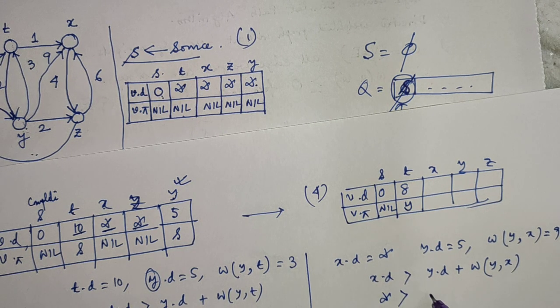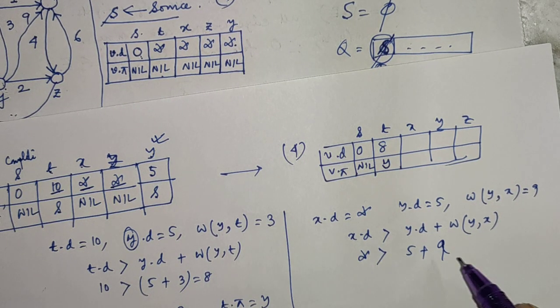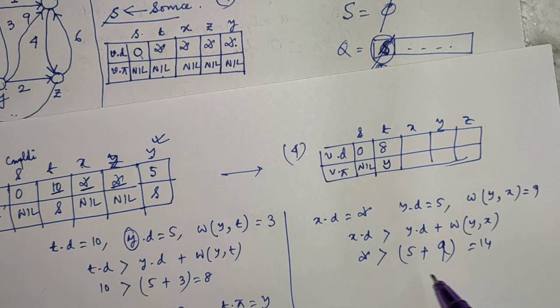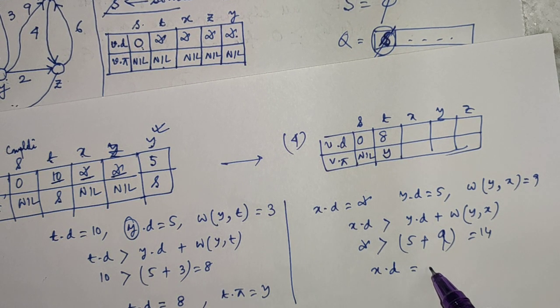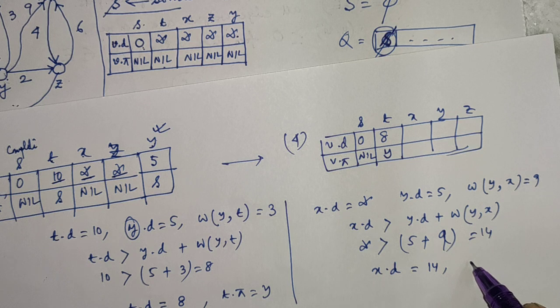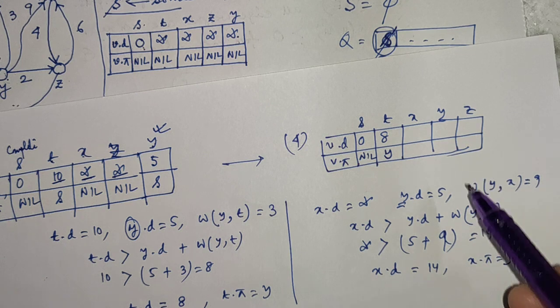This is infinity, this is 5 plus w of yx means 9, so it is 14. So definitely it satisfies, the new shortest path estimate for the vertex x is 14, and x.pi is definitely y. So you can modify the table.